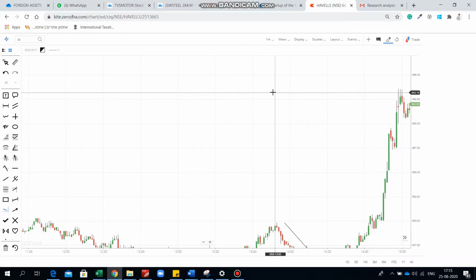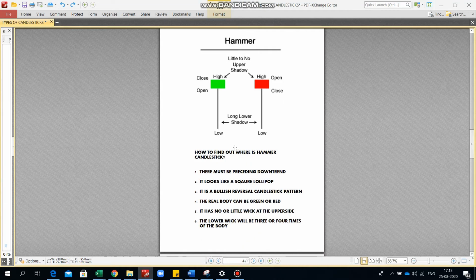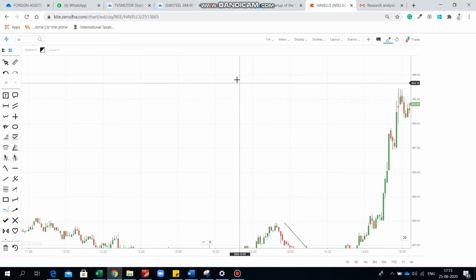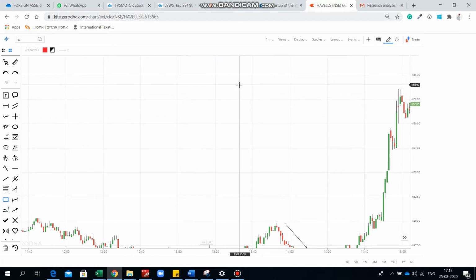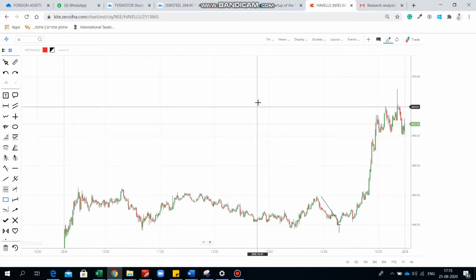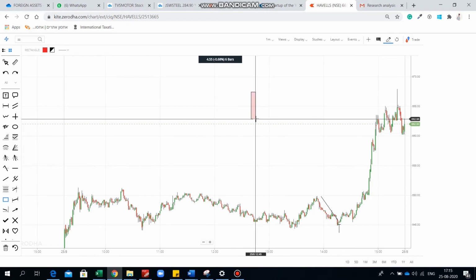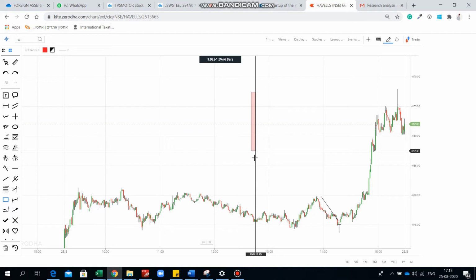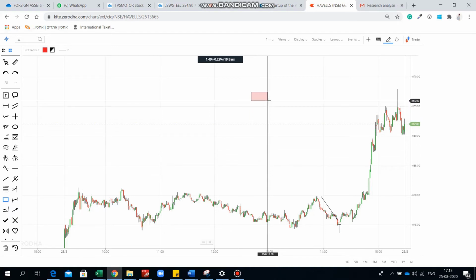You can basically look for these hammer candlesticks. First I'll explain how a hammer candlestick is formed. The price started at this point and it went down like this, but it closed here.